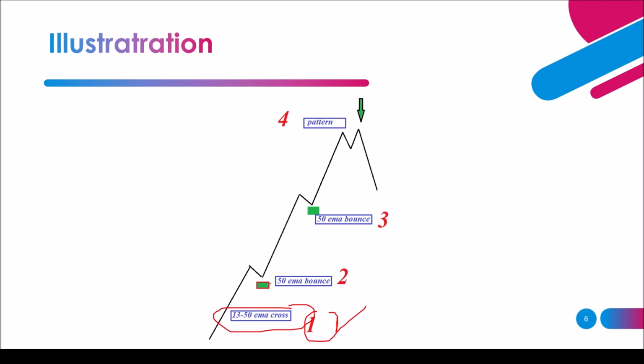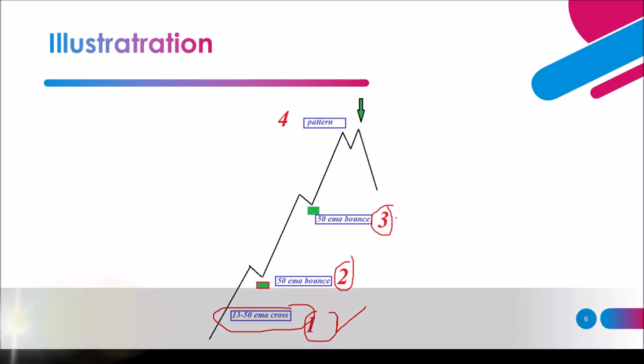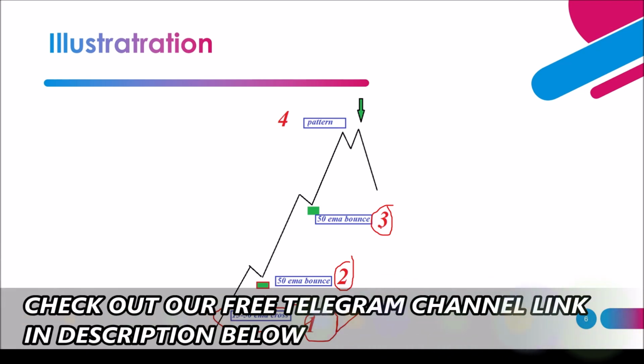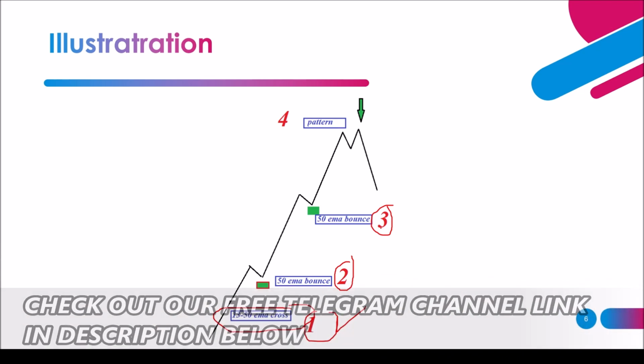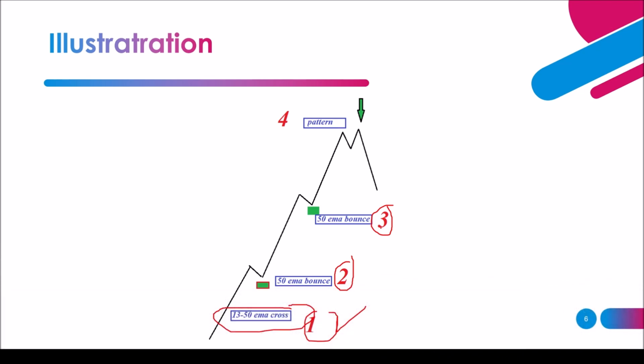The next thing is to see price bouncing on the 50 EMA first and bouncing on the 50 EMA a second time. After the second bounce on the 50 EMA, you would know that we are now in preparation of a particular pattern, either a W or an M, depending on the market context. The 4th step is now to see the pattern and take the market as a reversal.